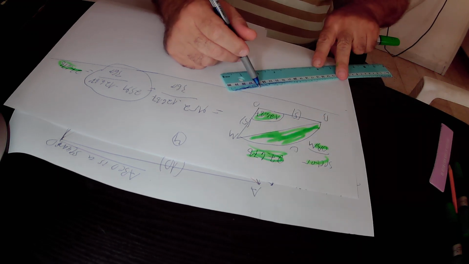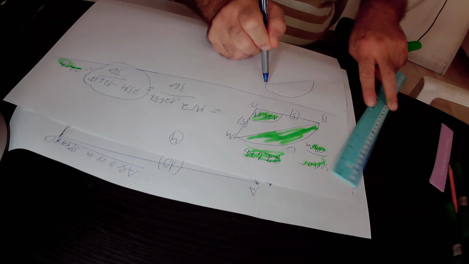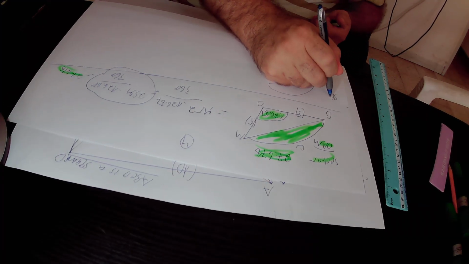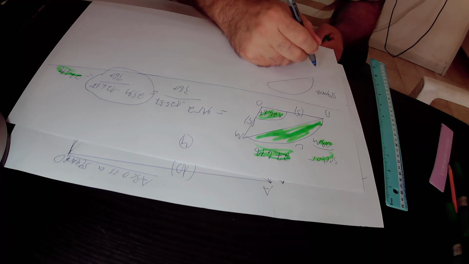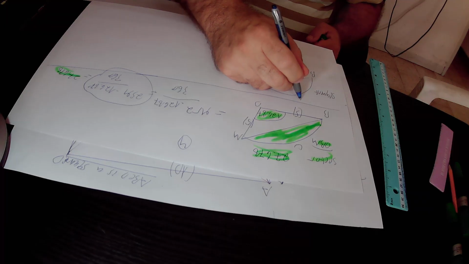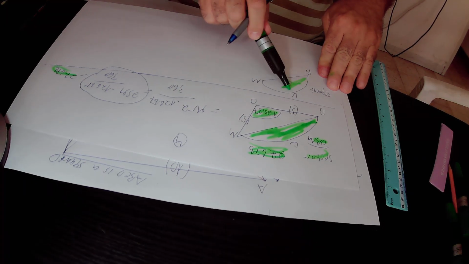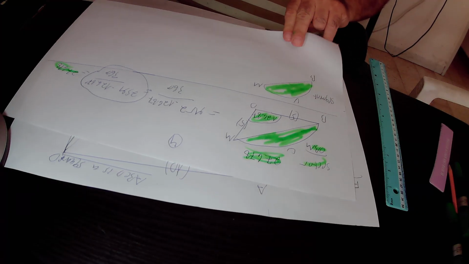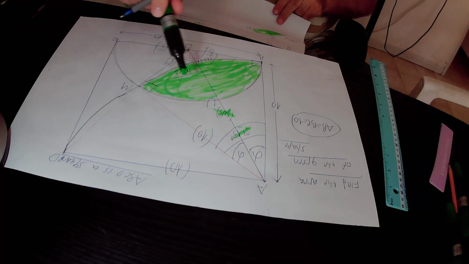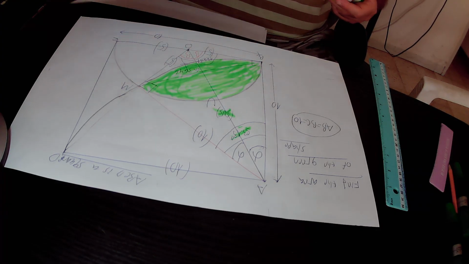So I copy the segment here. This is segment BUM, the upper segment BUM. We have to find out the area of this upper segment BUM.